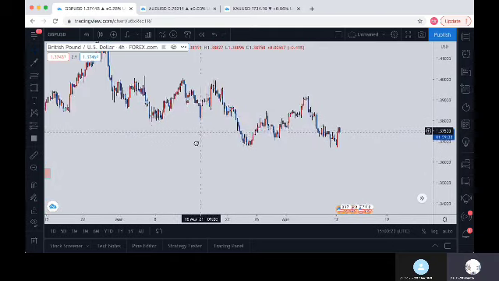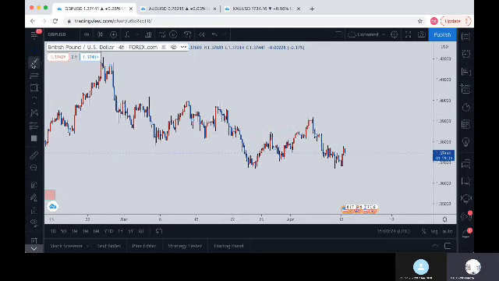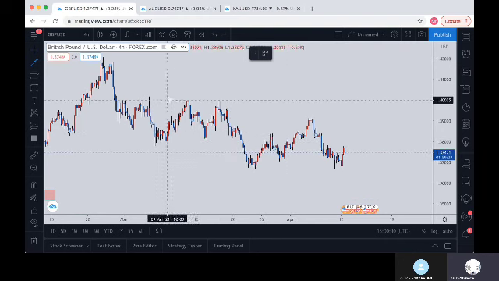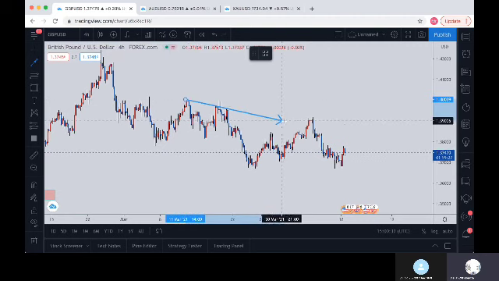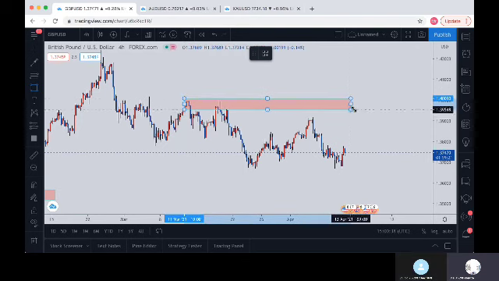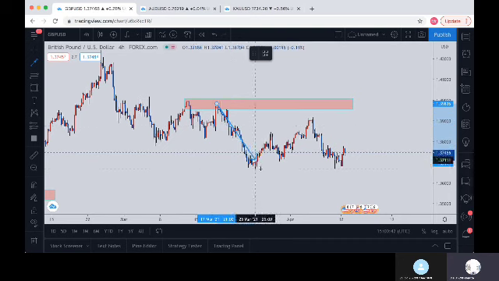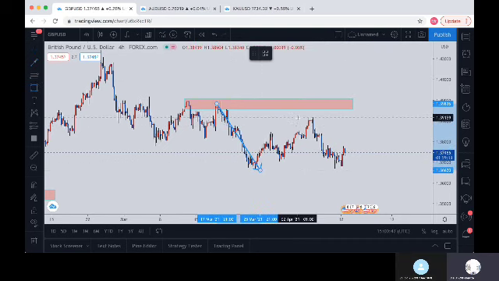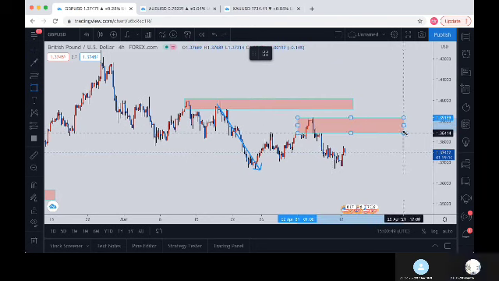So right here you have this move, you have this push down right here, and then you have this push right here. We had this push to the downside, and you have that retracement, and then you have your zone right here again.